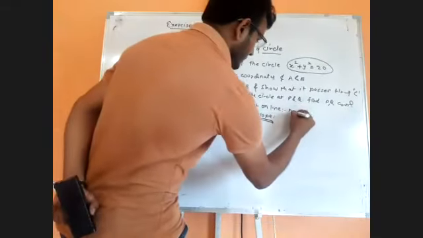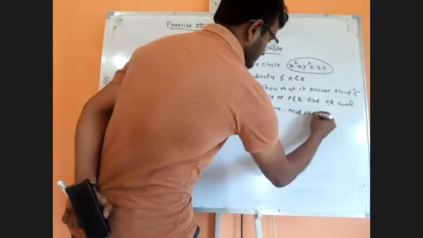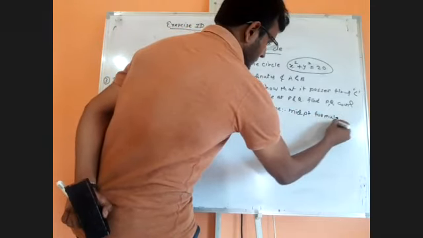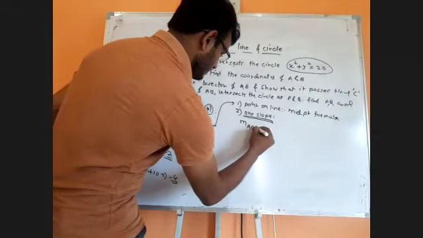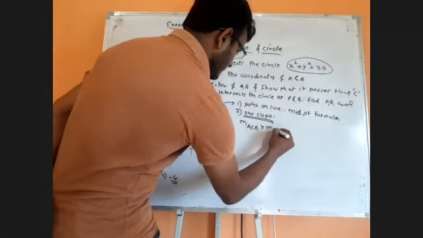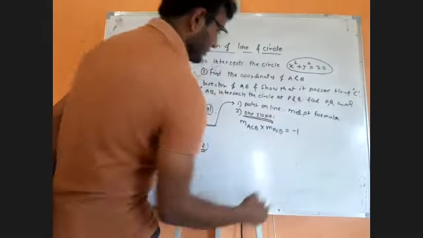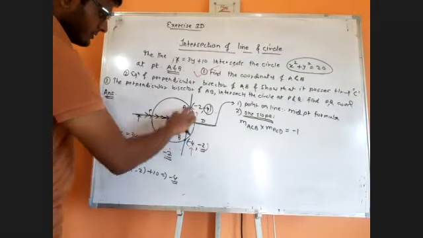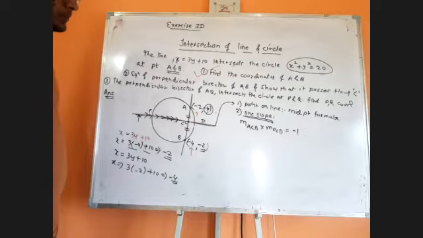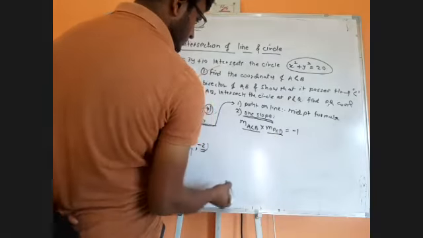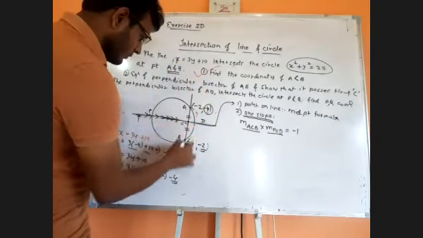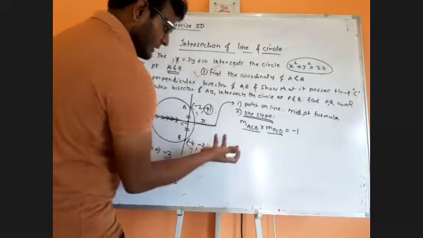And slope of ACB into slope of PCD should give you -1. Do you agree? These are perpendicular. Correct? Okay. So just get the slope of AB.